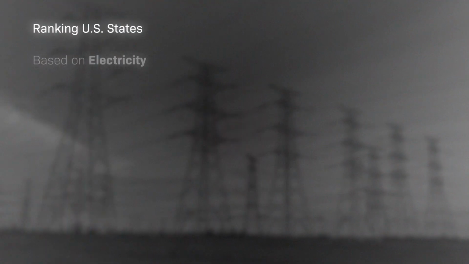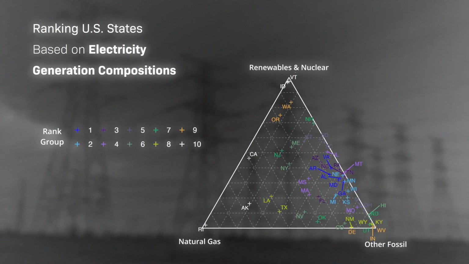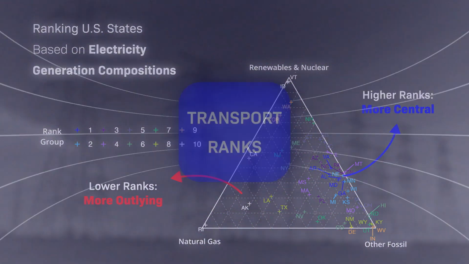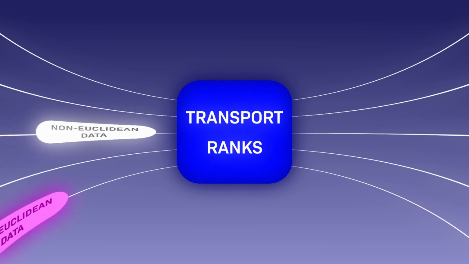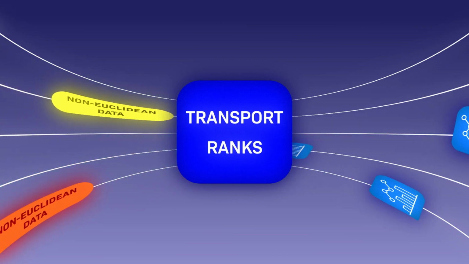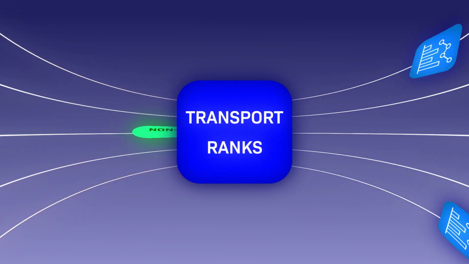In another example, we ranked the energy compositions of the United States, which are simplex valued data, using the transport ranks to show which states are more typical and which are more outlying. This new concept opens the door to apply traditional rank-based statistical methods to non-Euclidean data, creating a rich set of options for analyzing these very complex data sets.